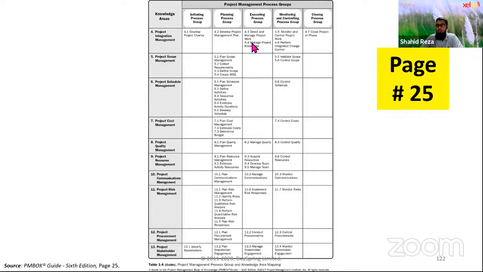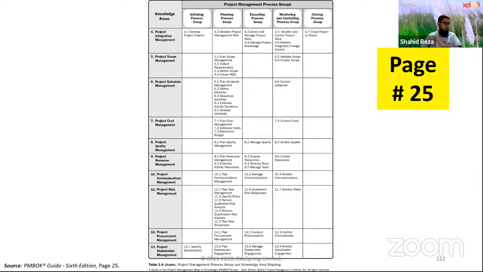But for each process, if you have read PMBOK, you see a data flow diagram, right? Yeah. So if you combine those data flow diagrams, you can get an understanding of the total flow of these 49 processes. But there is not a single figure for that in PMBOK.